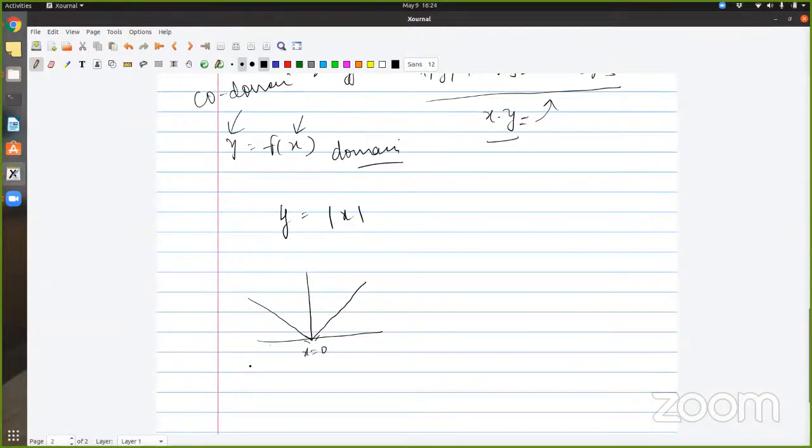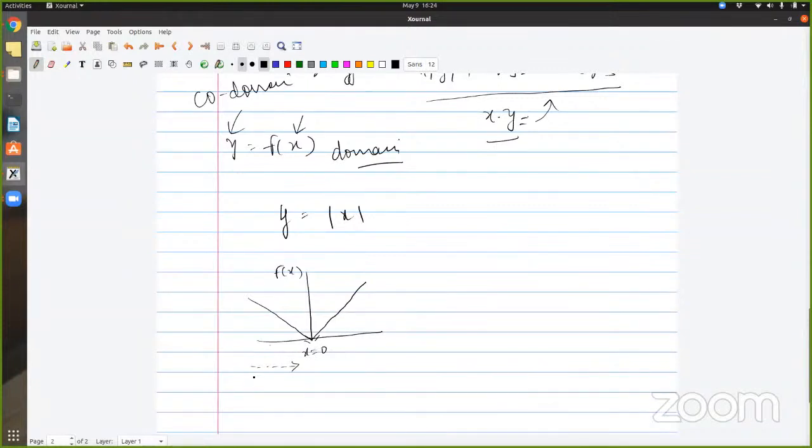For any sequence, let's say this sequence, we are moving from left to right, following a sequence of x values. This is your f(x), and this is obviously your x.